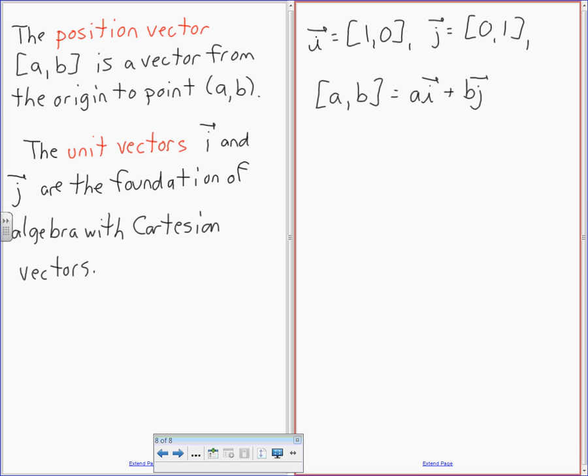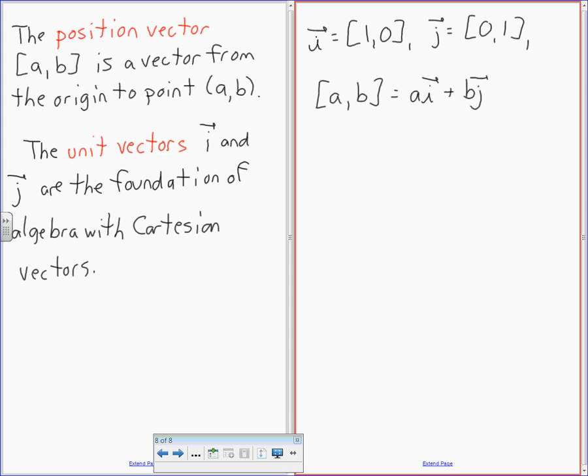Substitute a little bit, but there's another word I want you to say. We're doing components. That's basically what we did there. So i is the unit vector once again, and it's going to be the x component of the equation, and j is going to be the y component.